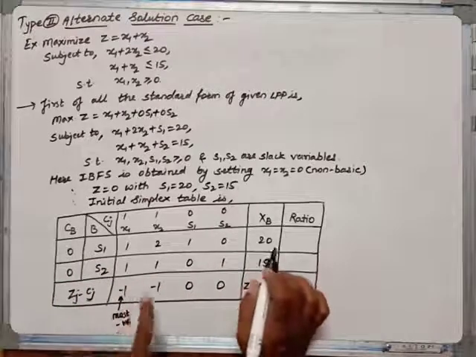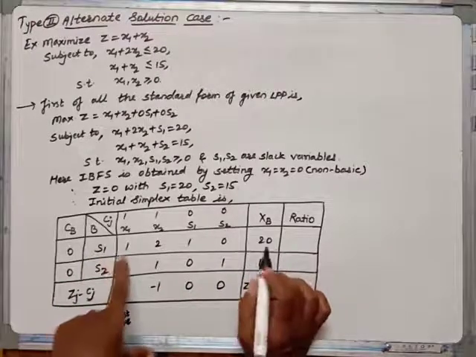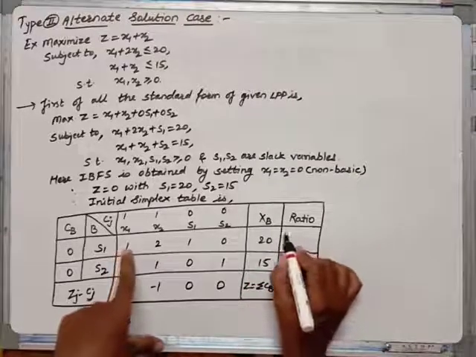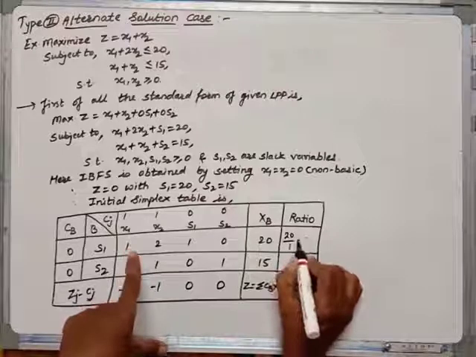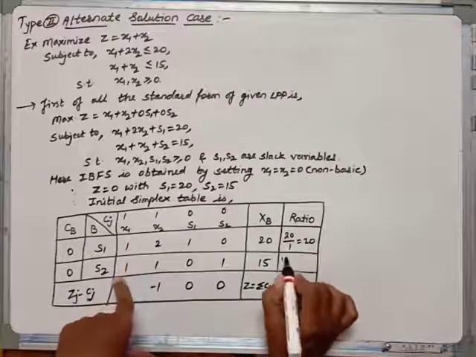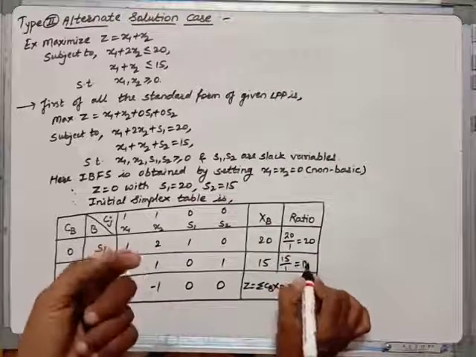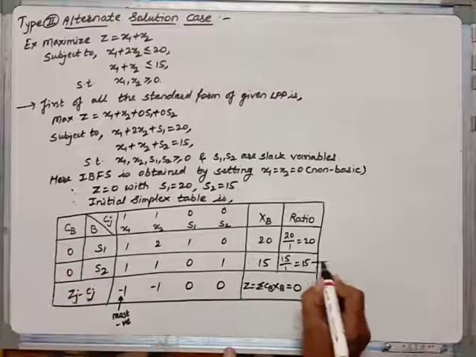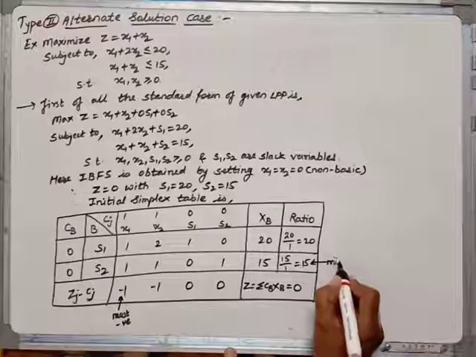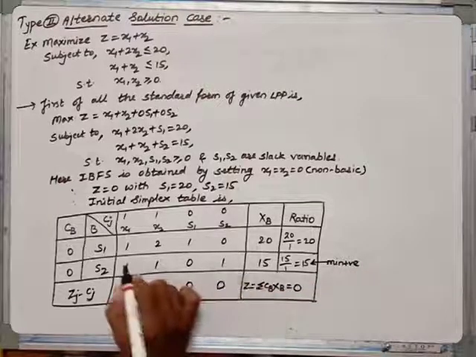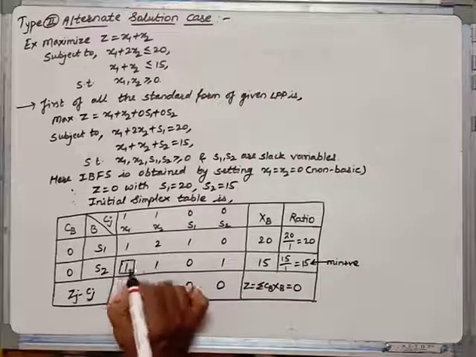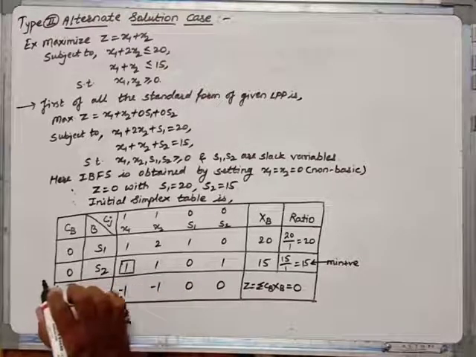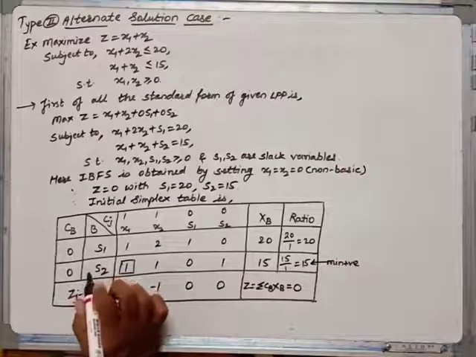Which variable will leave, let me check. 20 by 1, so the ratio will be 20, and 15 by 1, the ratio will be 15. The minimum positive ratio is 15. Therefore this squared one is the pivot element, which means s2 will leave the basis and x1 will enter the basis.